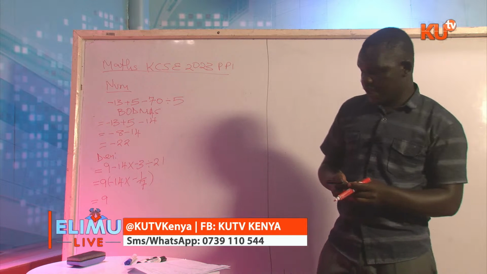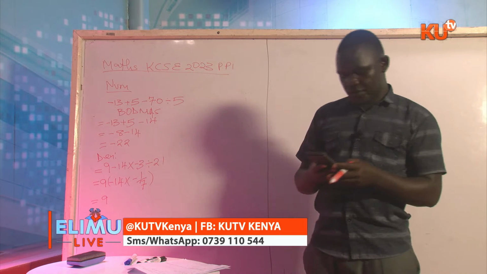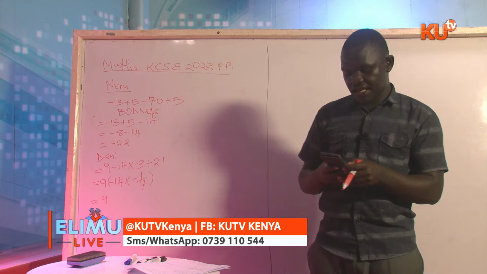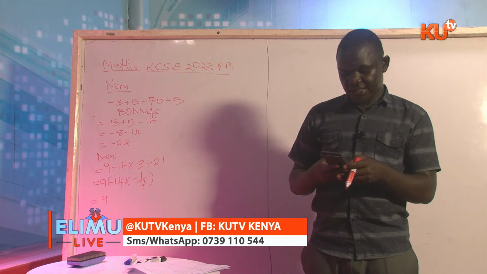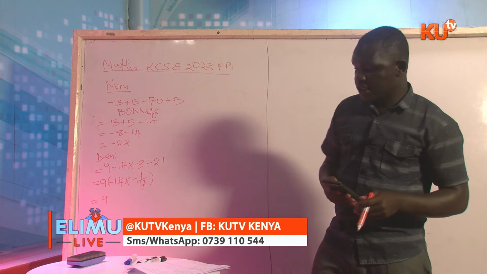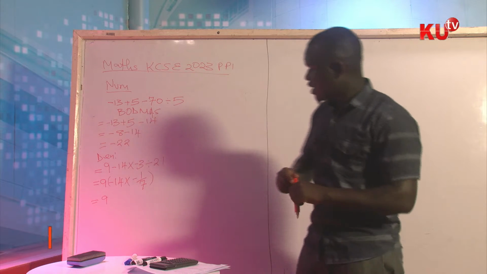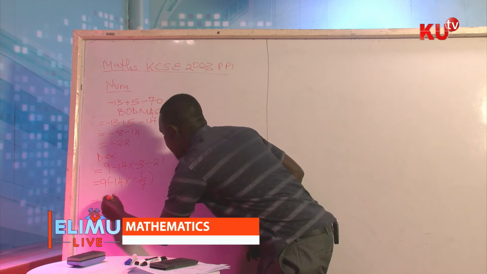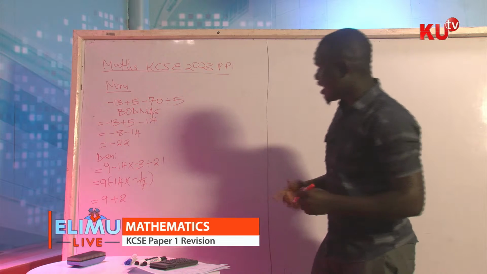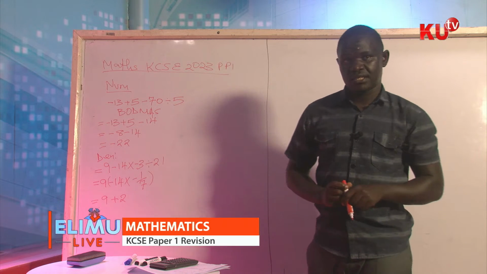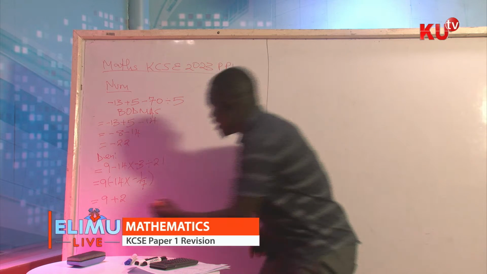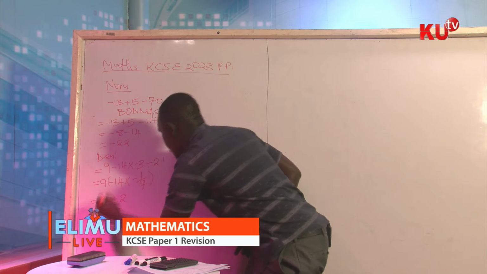So again, we use the calculator. Negative 14 times negative 1 over 7, you get positive 2. Now, 9 plus 2, what are you getting, dear students? Yes, the answer should be 11.